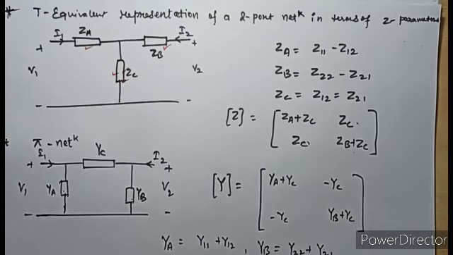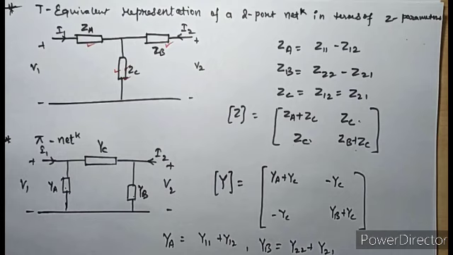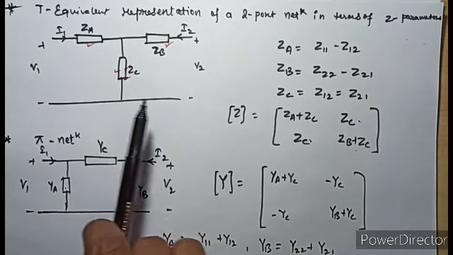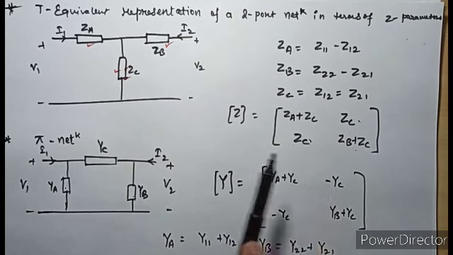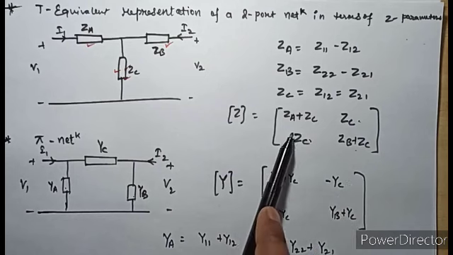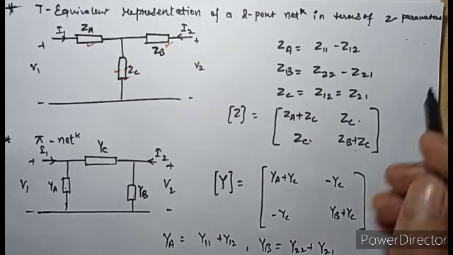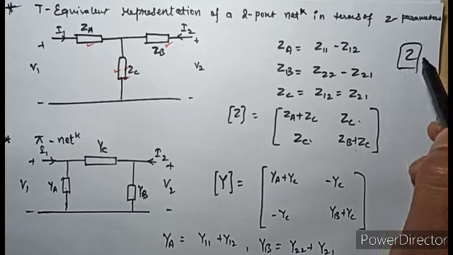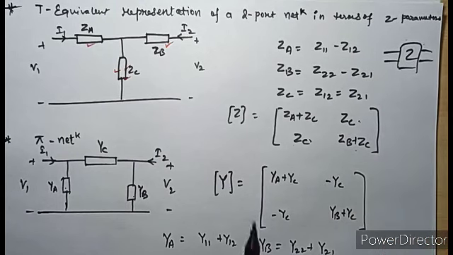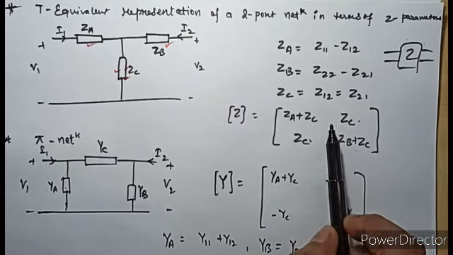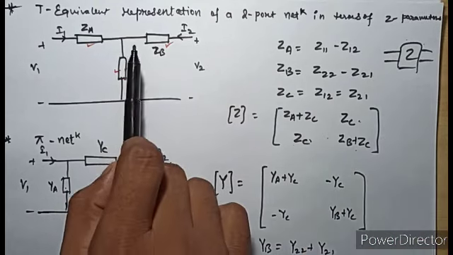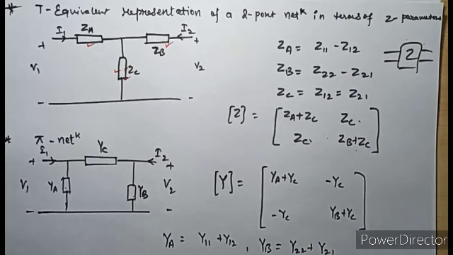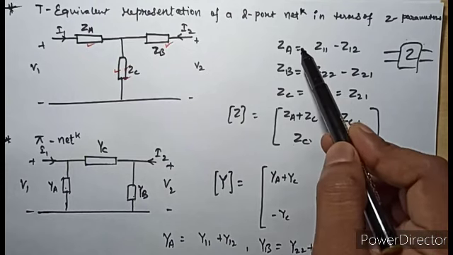So from these two circuits we can say, if a network is given like this and it is asked to find the Z parameters, then we can write easily by this. And if the Z parameters of a network are given, then we can represent this network as this T network by these equations. Clear?